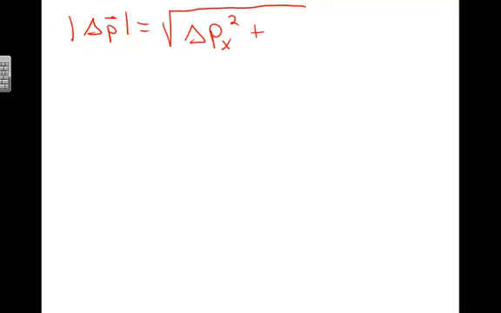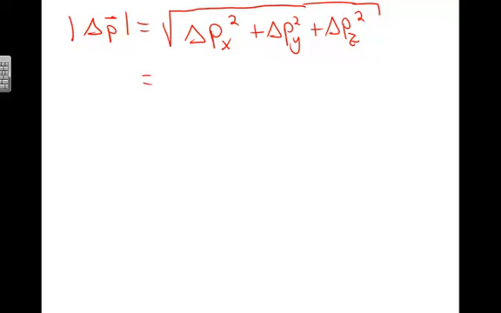So the magnitude of delta P is the square root of delta P x squared, that's the x component of delta P, plus delta P y squared, that's the y component, plus delta P z squared. And that will give me the magnitude.